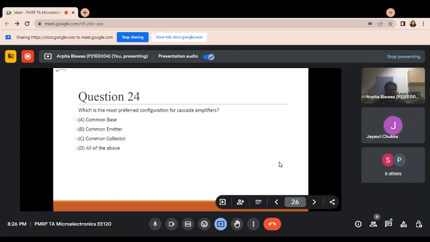Jayashree, what is the right answer? What are cascade amplifiers? Have you heard about the cascade condition? I think in control system in BTech you have heard about the cascade, or in signal processing we can also see the cascade connection.